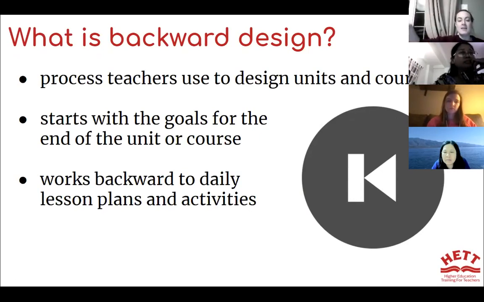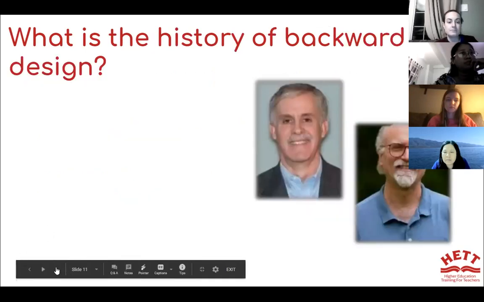Then based on the end goal, you work backwards to think about how you can assess for that end goal, and then what activities you can make or add to reach that end goal. So you think of your end goal first, and then you work backwards. It's a process to design units and courses, and you start with the end goal in mind.